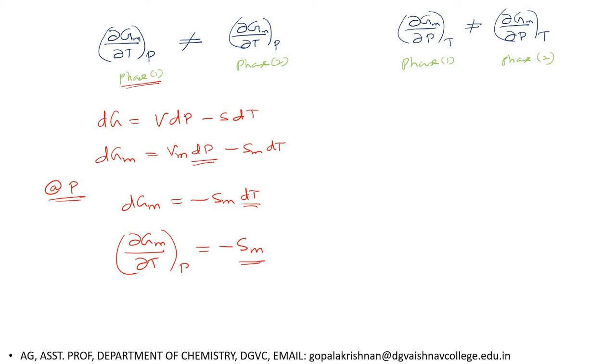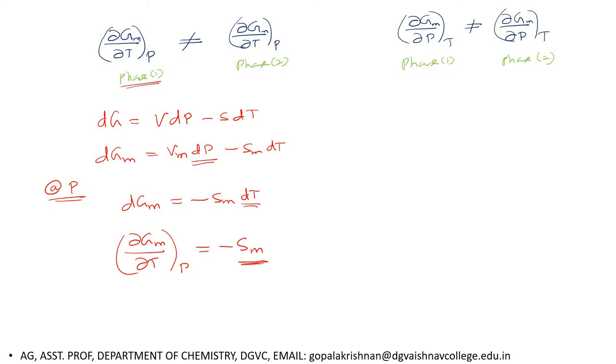So the change in Gibbs free energy with respect to temperature at constant pressure equals the molar entropy of the substance. This holds for phase 1 and for phase 2 as well.